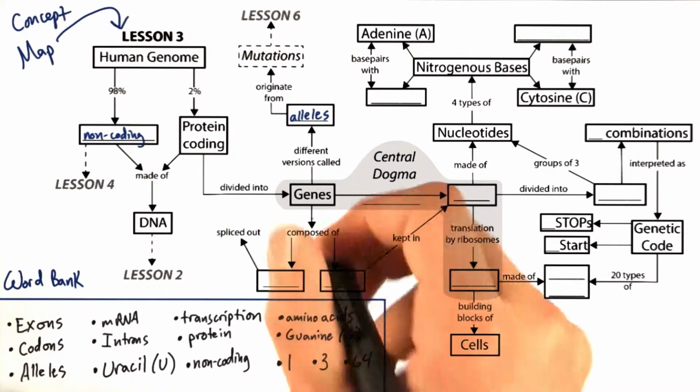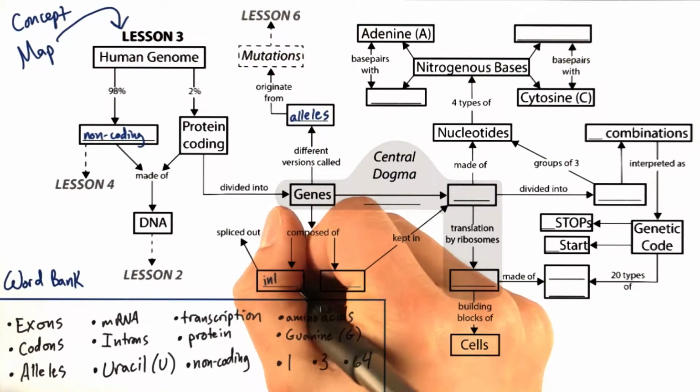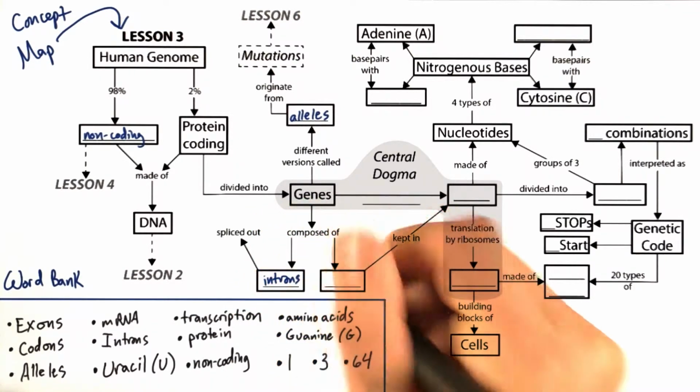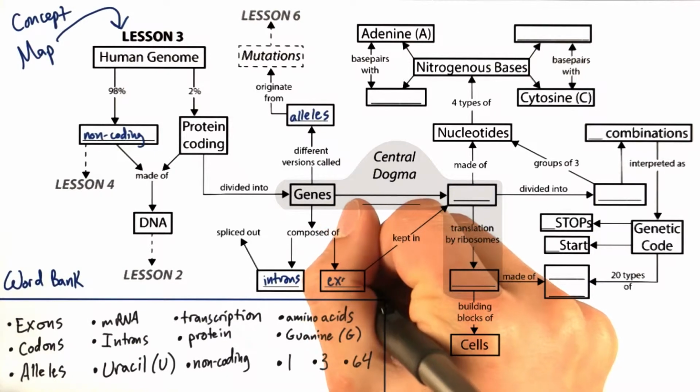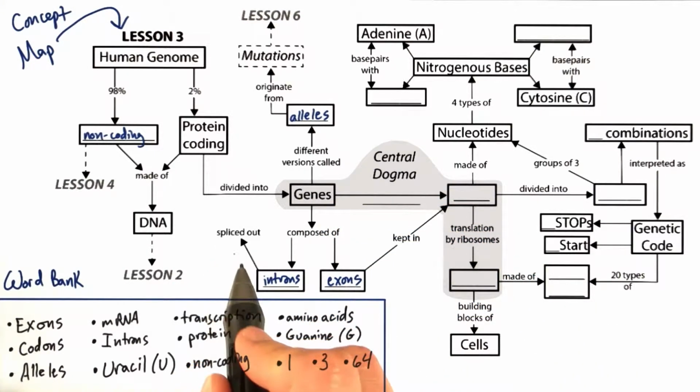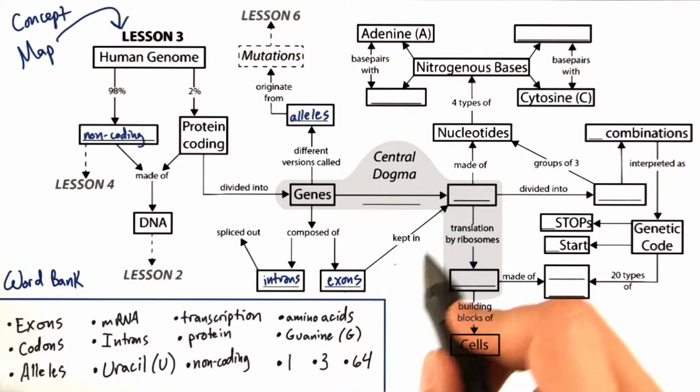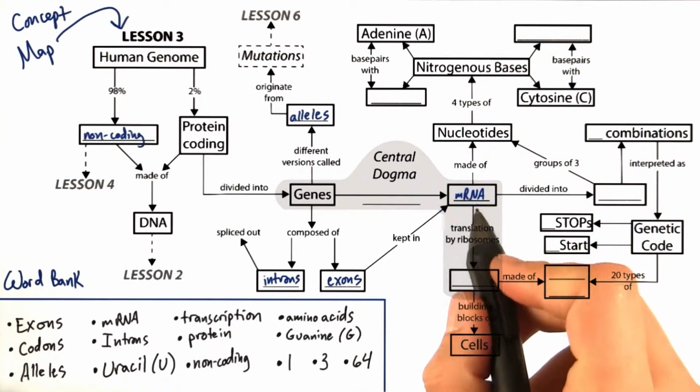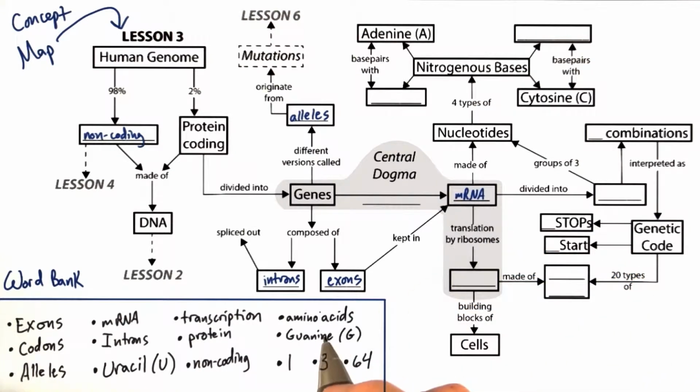Now, a protein coding gene is composed of two major kinds of sequence, introns and exons. The introns are spliced out of the message that's going to be produced, and exons are going to be kept in the messenger RNA, or mRNA.